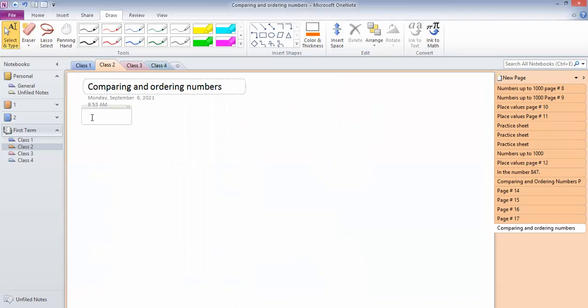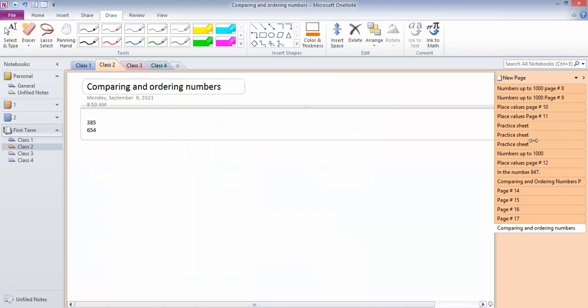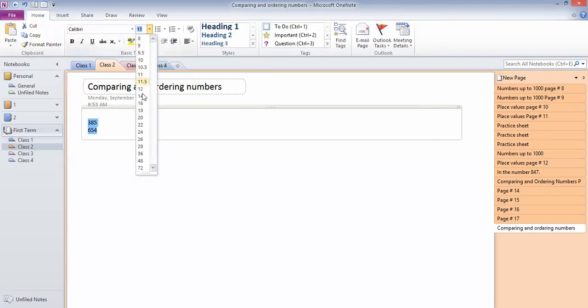The numbers I have written right here are, let's suppose, 385 and 654. I'm going to make it bigger for you.